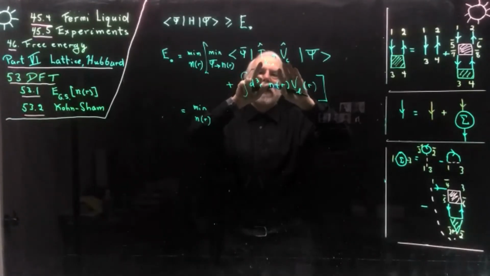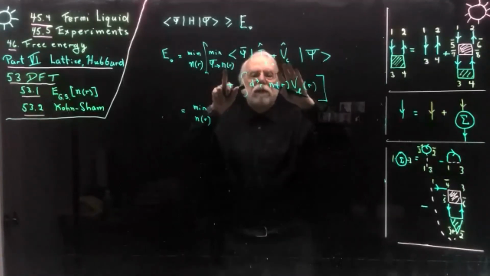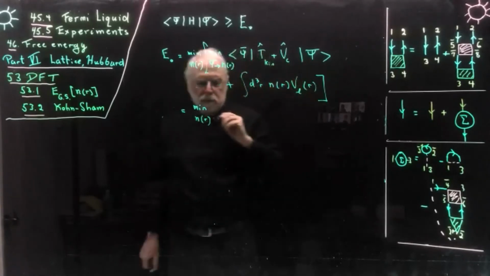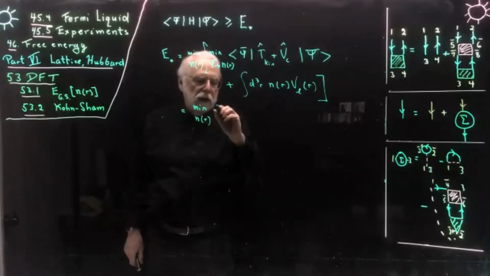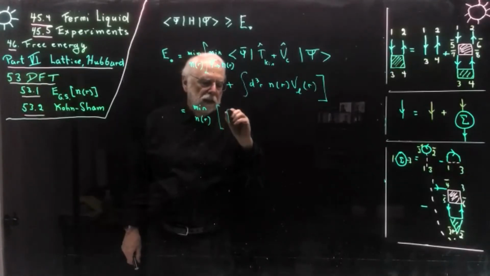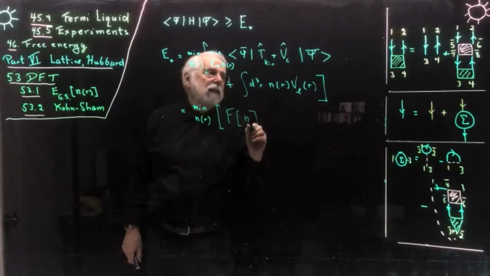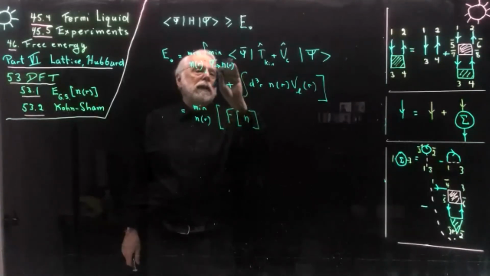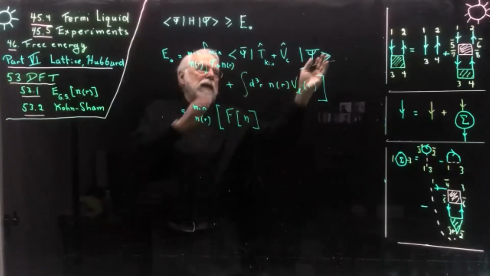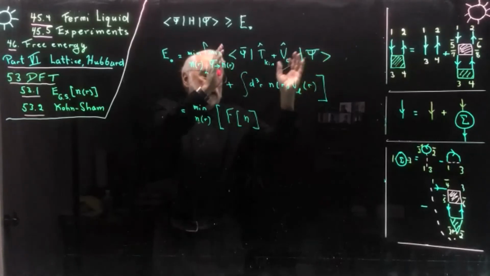It's just something related to the electronic wave function that is constrained to have a certain density n(r). So it's the minimum with respect to n(r) of this functional of the density, and this now becomes a number.